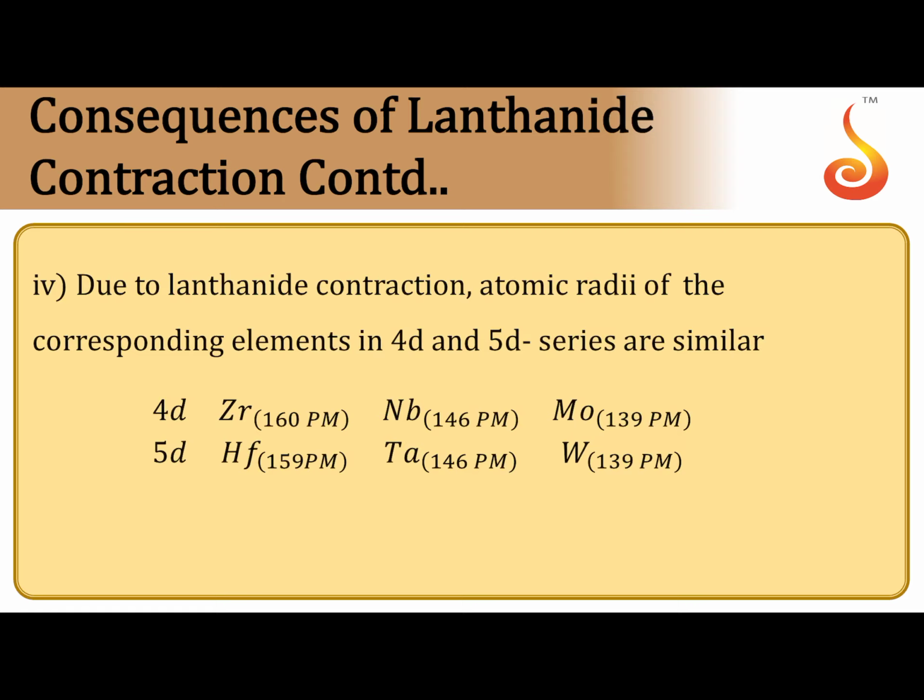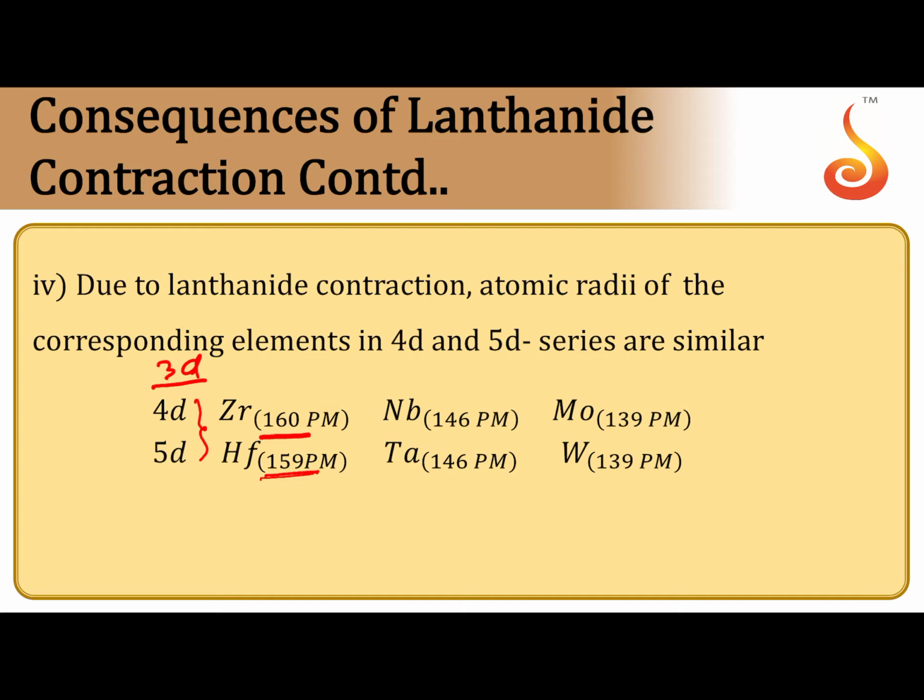Because of lanthanide contraction, there is one more observation in the D block. In a D block group, from top to bottom atomic size generally increases, and from 3d to 4d series atomic size increases. But from 4d to 5d, even though one shell is extra, there is no increase in atomic size. You observe 160 for zirconium, and the next period's element hafnium has almost the same atomic size.